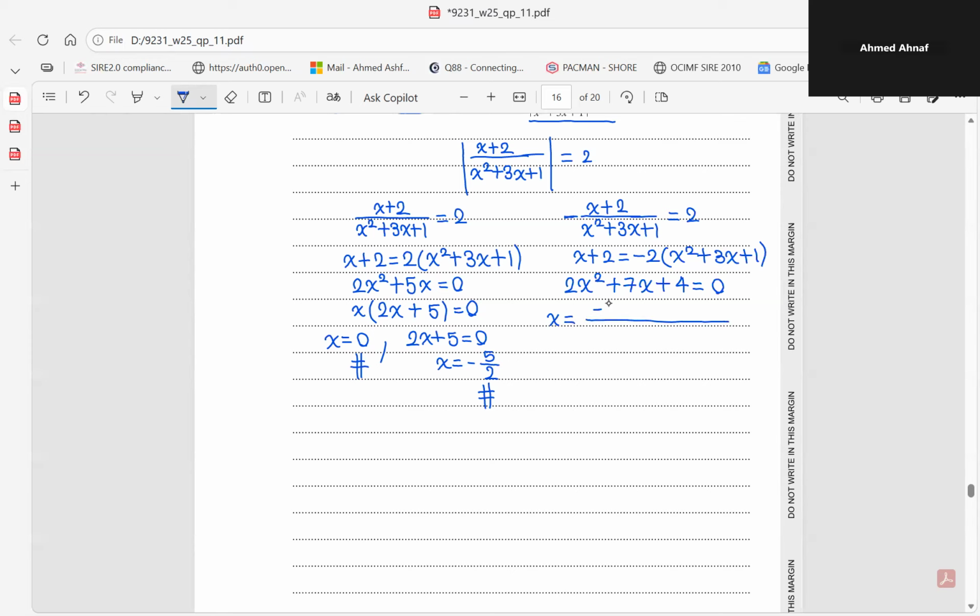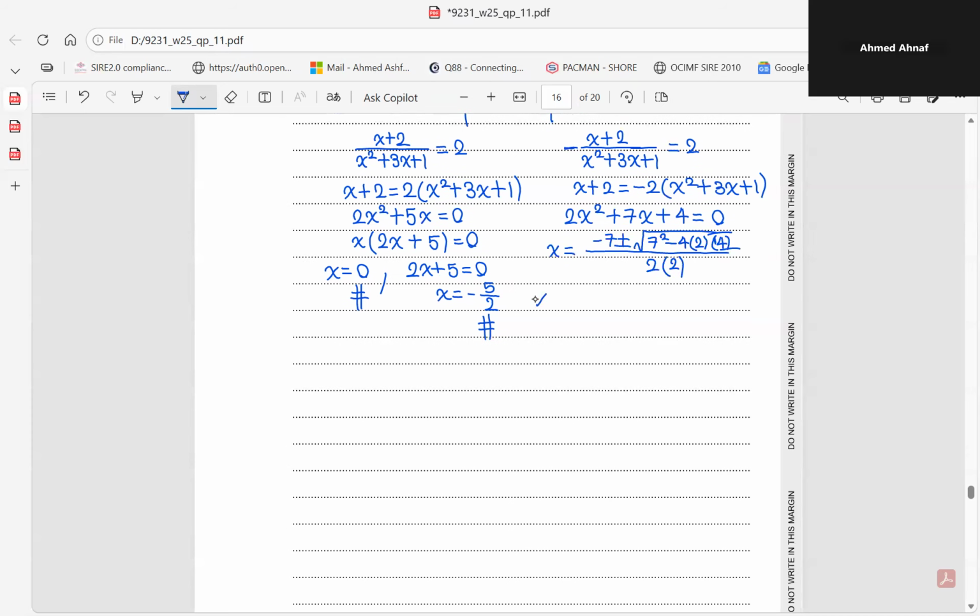So minus b, so minus 7 plus or minus the square root of b squared, which is 7 squared, minus 4ac, which is 4 times 2 times 2, all over 2 times a, 2 times 2.